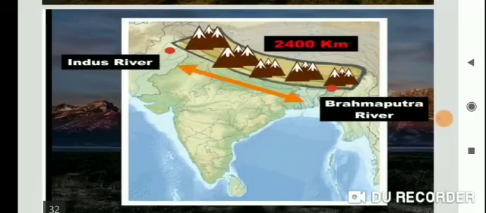These mountain ranges run in a west to east direction, from the Indus river in the west to the Brahmaputra river in the east, and they form an arc which covers a distance of about 2400 kilometers.